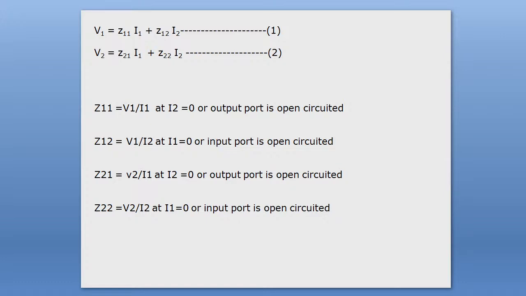If you consider Z12, V1 divided by I2, where output is fed back to input, this impedance is known as reverse transfer impedance. And Z21, V2 by I1, is known as forward transfer impedance.